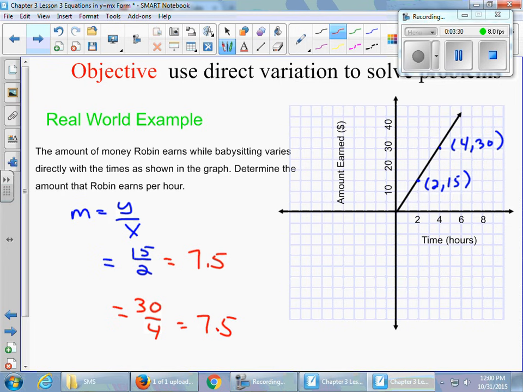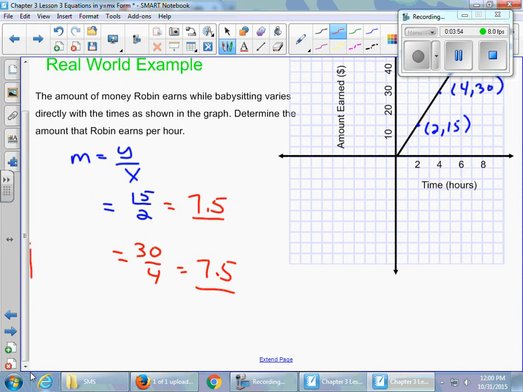Remember, we divided before on our last lesson, and they were not the same, so they were not proportional. So, constant of variation, definition for here: they're constant, 7.5, 7.5, so that means that what Robin earned was a constant rate per hour. And our constant rate is $7.50.